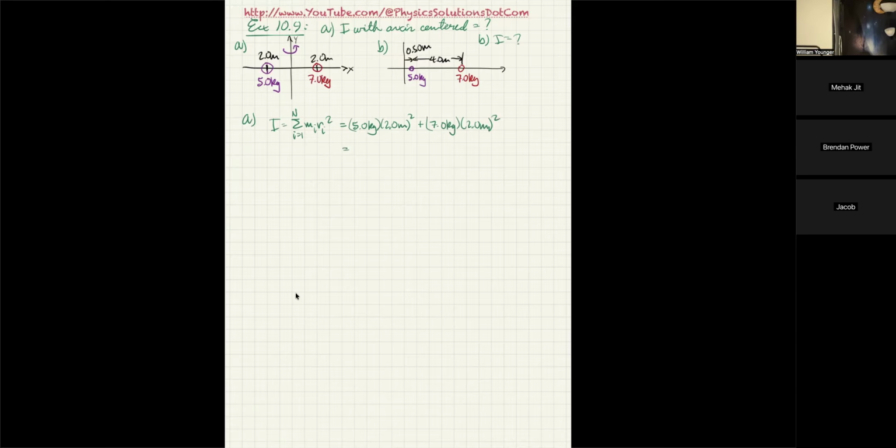Obviously, this becomes 5 times 4, which is 20, and 7 times 4, which is 28, so this is going to be 48.0 kilograms meters squared, and that is the units for I. So I'll write this as I center. So that's part A.